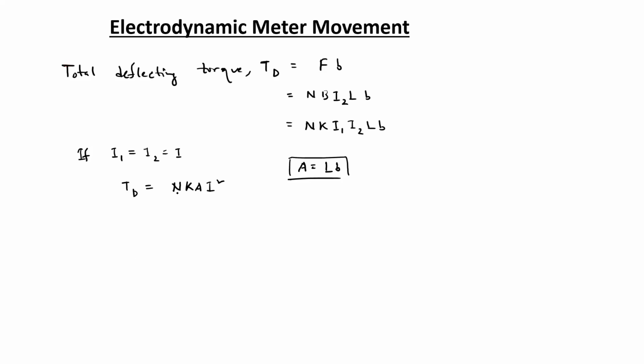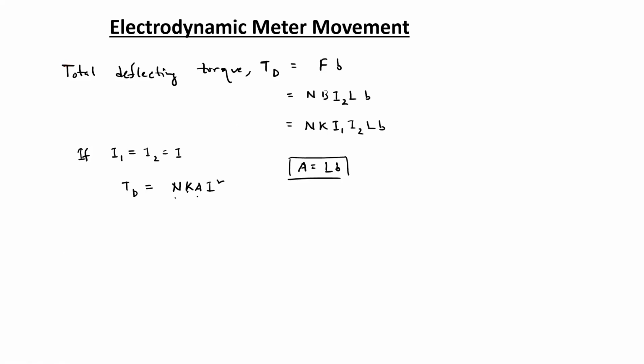So now if we look into this expression of the total deflecting torque, then we can see that N, the number of turns, and the area of the coil are fixed for a particular coil arrangement. Once a coil has been formed, the number of turns and the effective area of the coil are fixed.